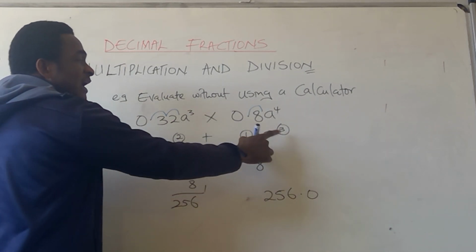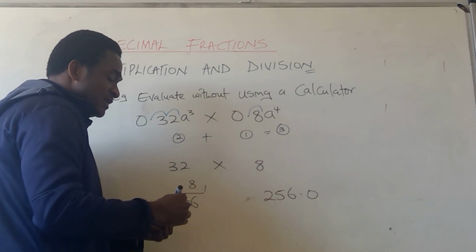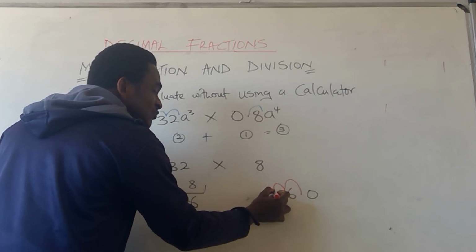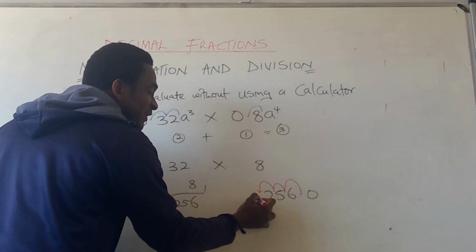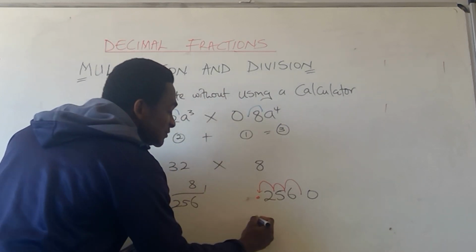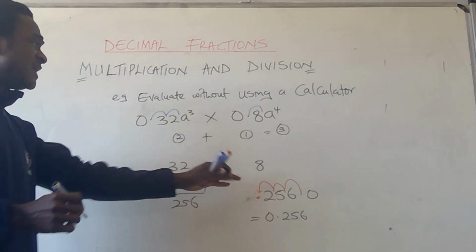Looking at this, we took out 3 decimal places, so we also return the 3 decimal places that we took out. So 1, 2, 3. Our decimal point falls in here, and our answer becomes 0.256. That is for the number.